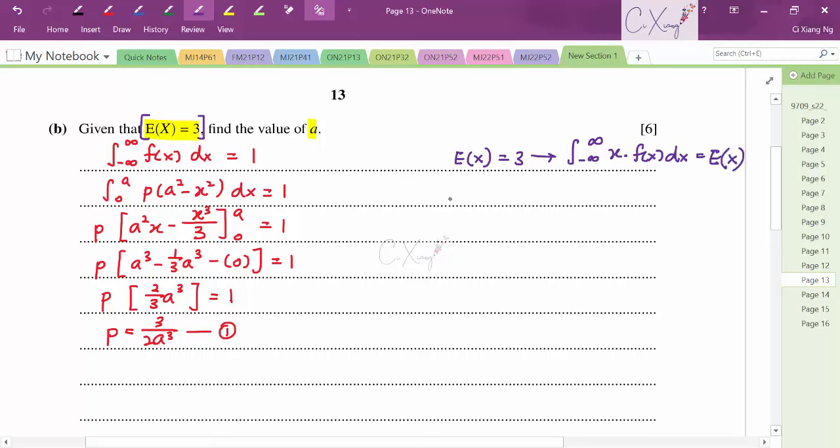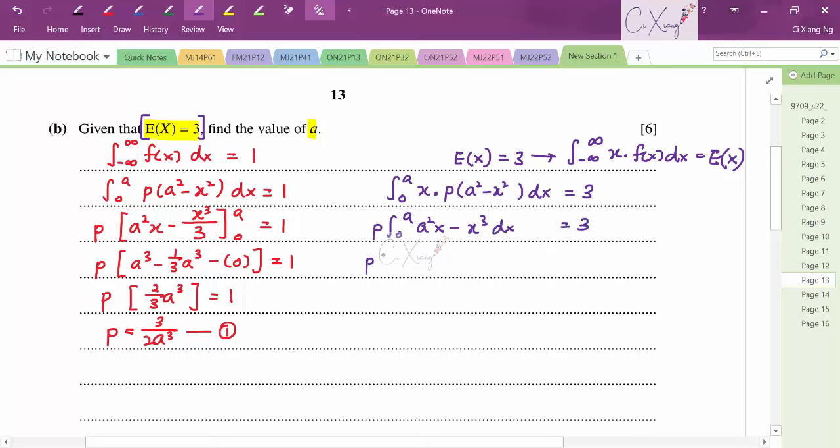So we apply it to our equation here: I integrate from 0 until a, multiply the x with the original function f(x), and let it equal to 3. Again, p is a constant, so I take it out, and I have the integral of a squared x minus x power 3 dx.